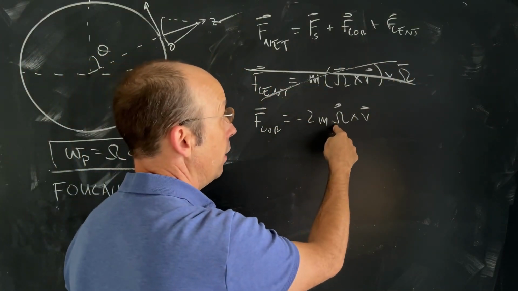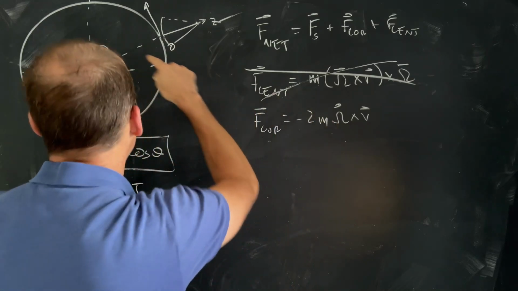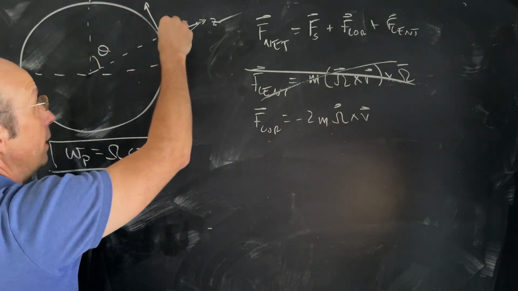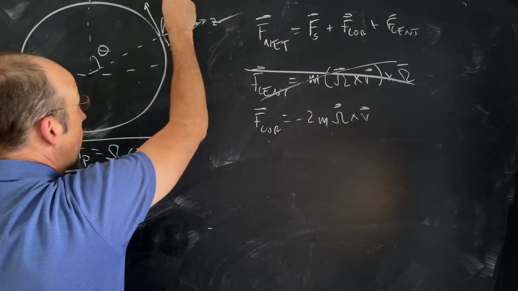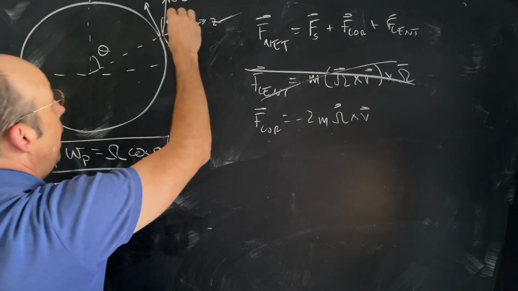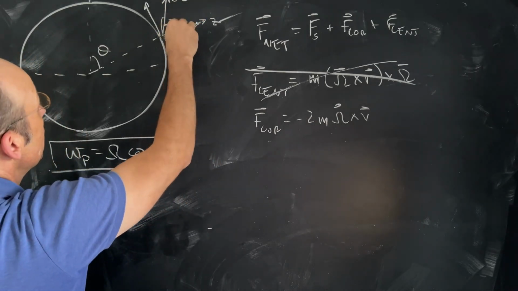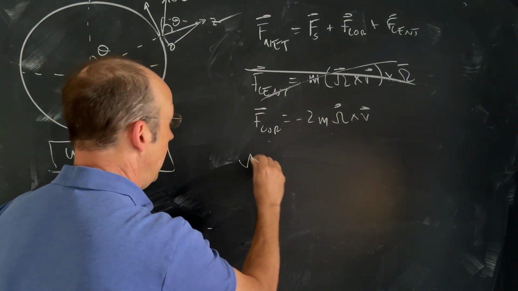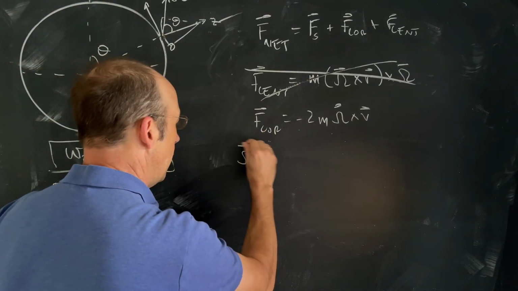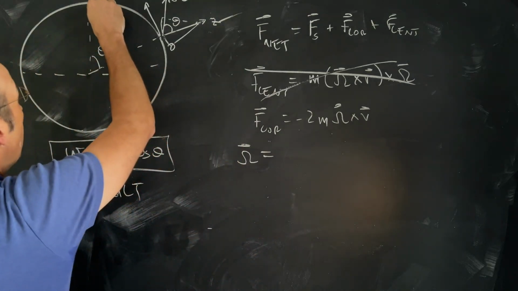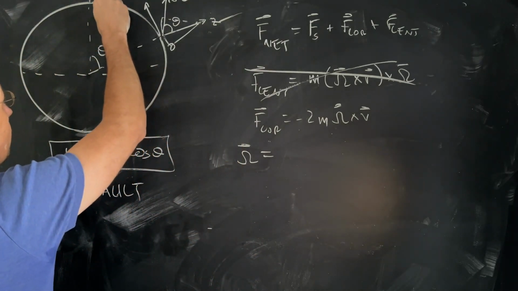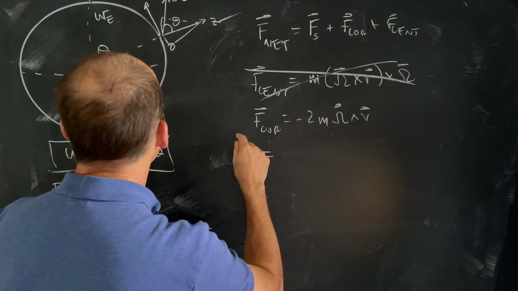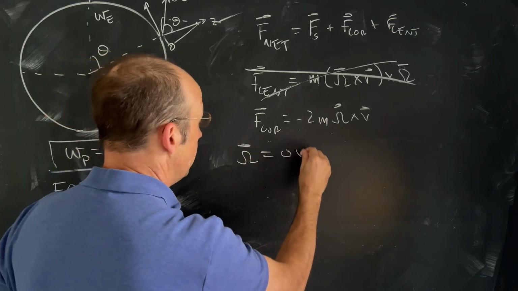So I need to find omega in my reference frame here. So that's omega right there. I can redraw omega right here. And this is the angle theta, my colatitude. So I can say, let's call this omega e the magnitude of the rotation of the Earth. So this is going to be equal to the x component, 0 x hat, right?